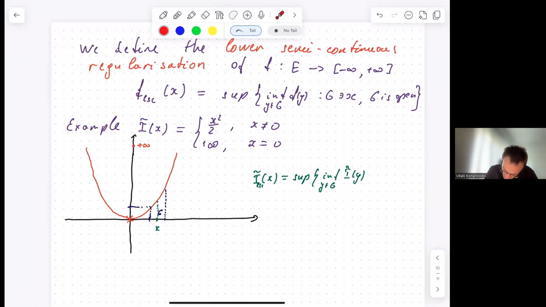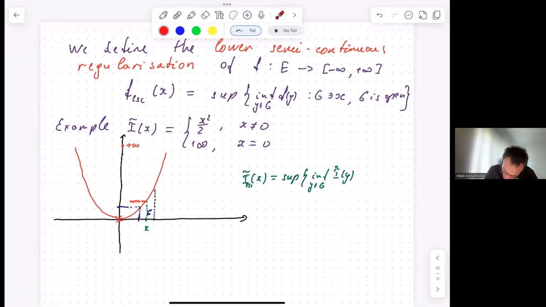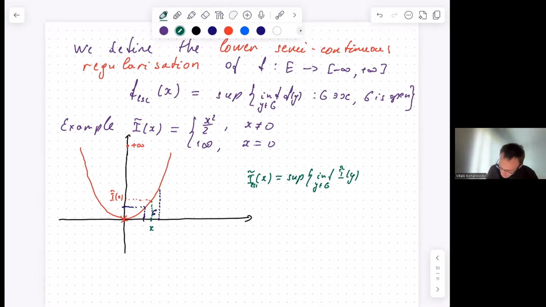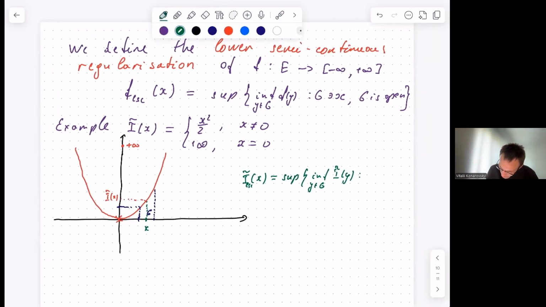And then the supremum will exactly go to the value at the point, I tilde of x, that is x squared divided by 2. It is the infimum over all G containing x, such that G is open. And this is x squared divided by 2.